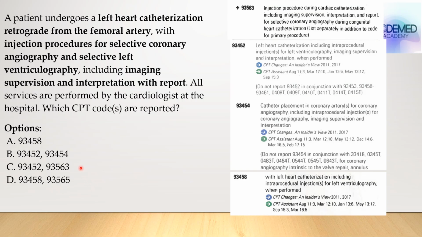If you look at code 93563, it is the code for selective coronary angiography during congenital heart catheterization. So we cannot even think about congenital heart catheterization, because that is not the understanding we get from the question. And this one is also a code for congenital heart disease. So we can eliminate options C and D, and between A and B, tell me the answer.